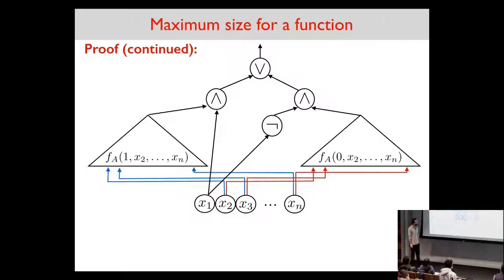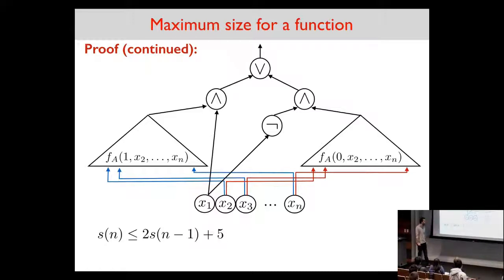right? And then you can ask, what kind of recursive relation do I get for the size? Well, the size is going to be at most, an upper bound, 2 times S(n-1) plus 5 more gates. 1, 2, 3, 4, and 1 for the x1, 5. So that's an upper bound for sure.